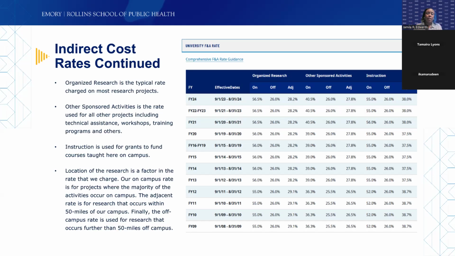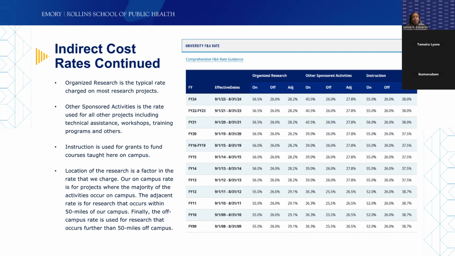The other major factor is, and this is why you see split categories under each of those columns. So across the top, whether it's organized or other sponsored or instruction, below that you have 3 categories for each one, and that's relative to the location of the research. So we have a rate that applies to that work as it occurs on campus.